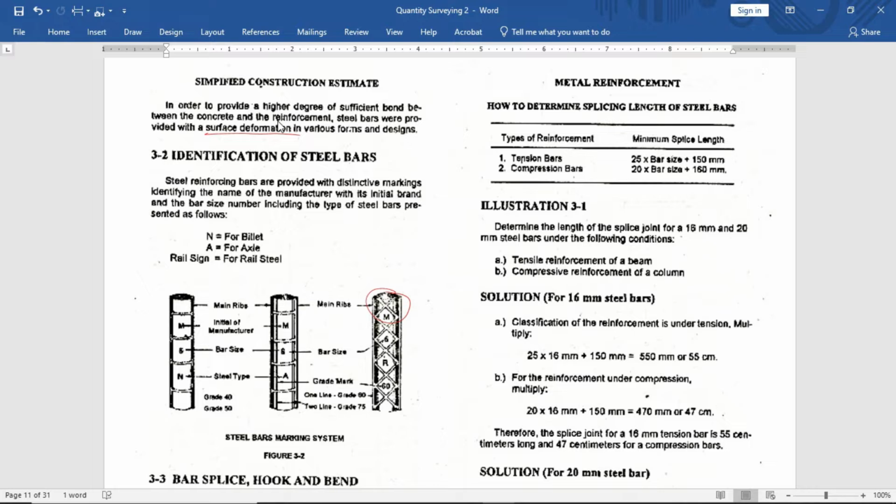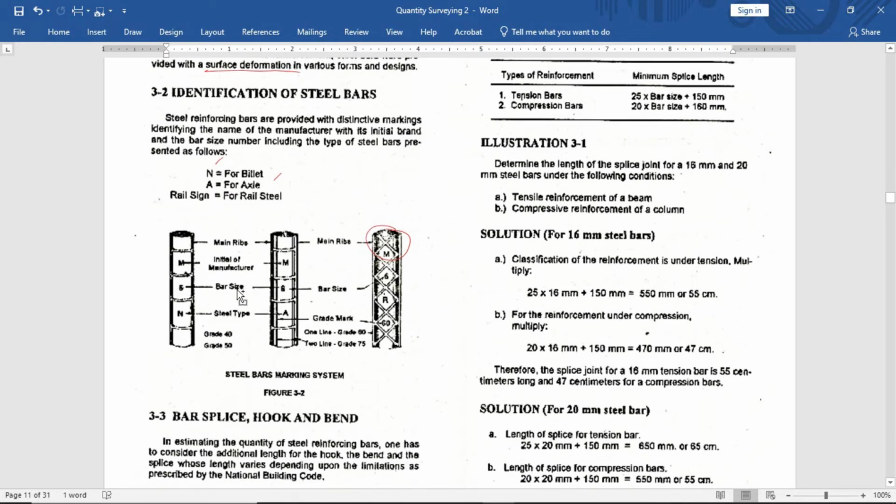So, steel reinforcing bars are provided with distinctive markings identifying the name of the manufacturer with its initial brand and the bar size number including the type of steel bars presented as follows. So, N for billet, A for axle, tapos rail sign is equal to for rail steel.